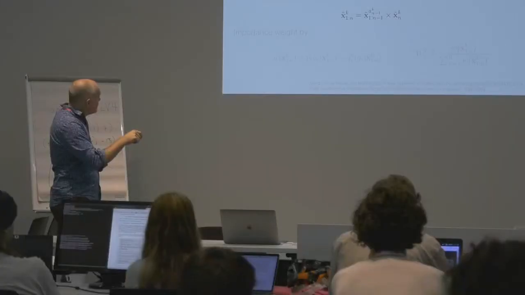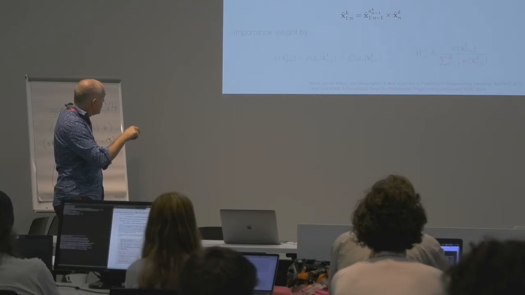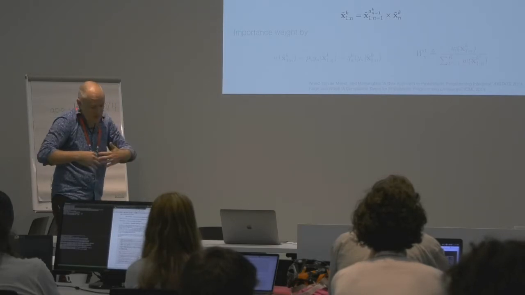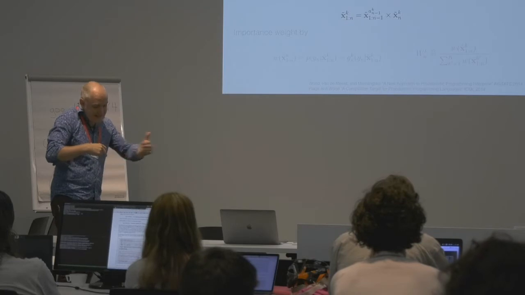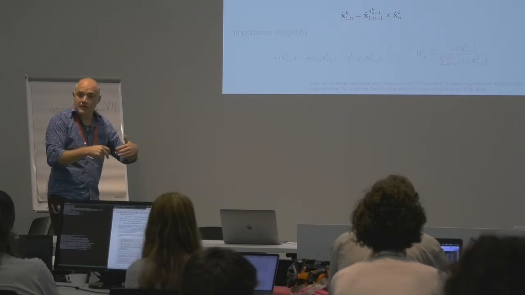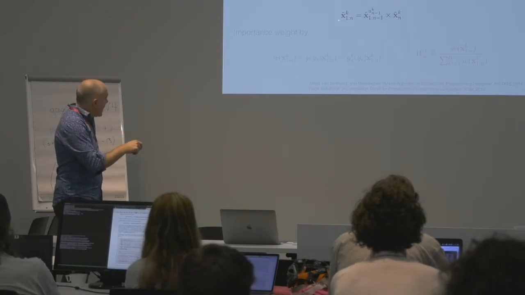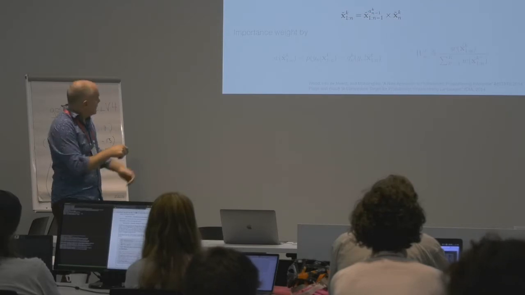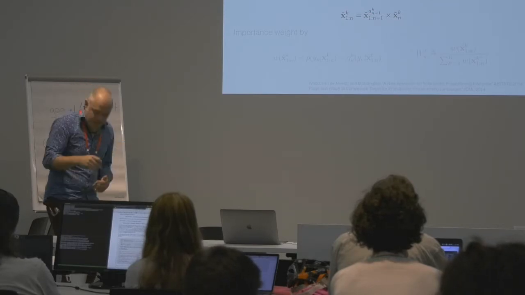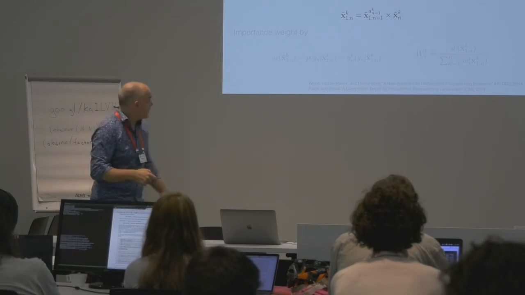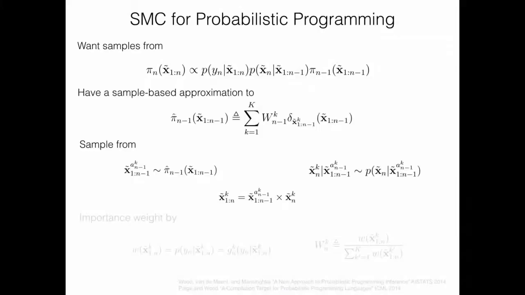We pick one of those according to its weights. That's how we pick one of these. So that's the initial part of the program run. And then we extend each of those by simply running the program a little bit more. Okay? And we basically define the kth particle, or the kth run of the program, to be pick one of the ancestors and continue it. Okay?